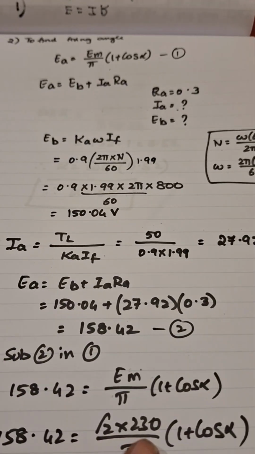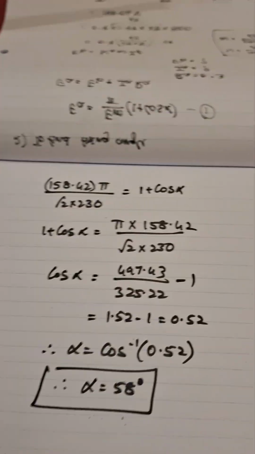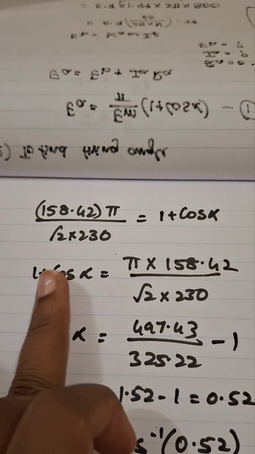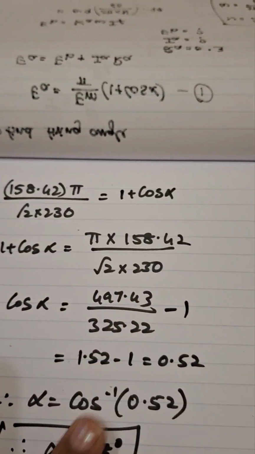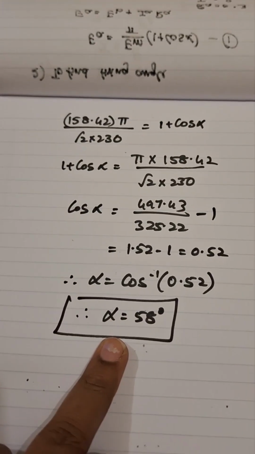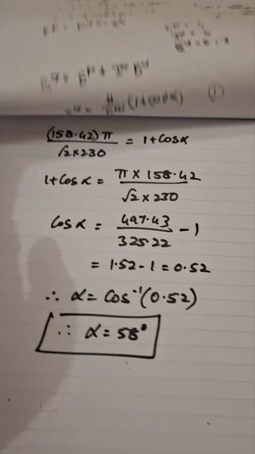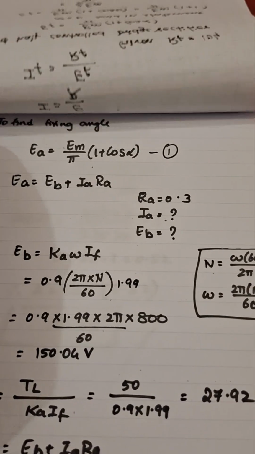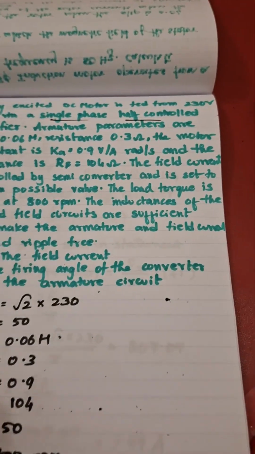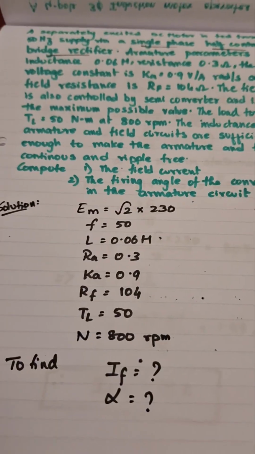EM is given as root 2 times 230 in the given data. By moving terms to the necessary side, we got cos alpha, and alpha is cos inverse of that, which is 58 degrees. So finally we got IF as the first answer and alpha as the second. IF is 1.99, alpha is 58 degrees. That's it.